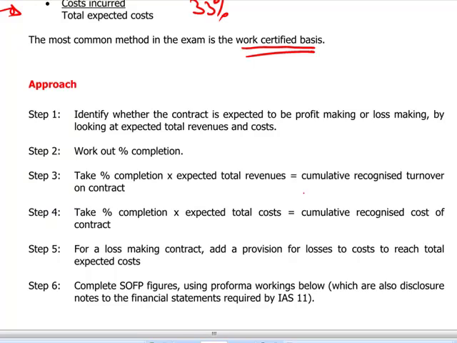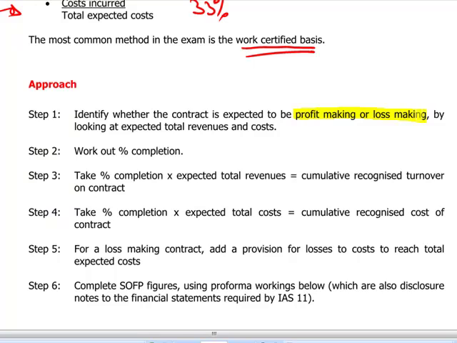You have to reflect in the statement of financial position and income statement, most of the time, for the period, the outcome of the work under a construction contract. The first thing to decide, if you remember our decision tree, is whether or not the contract is profit or loss making.